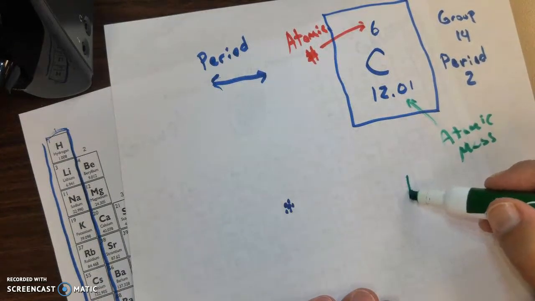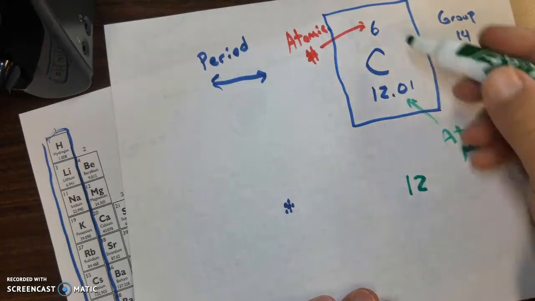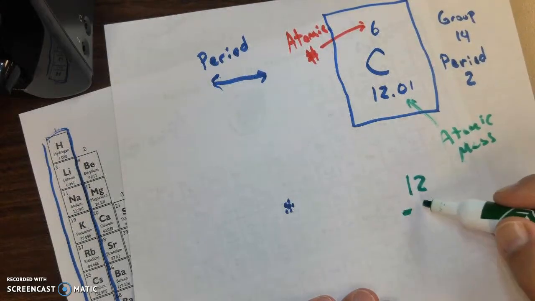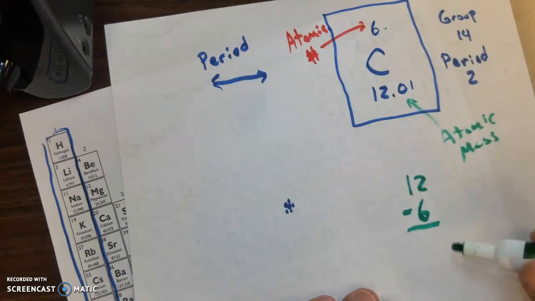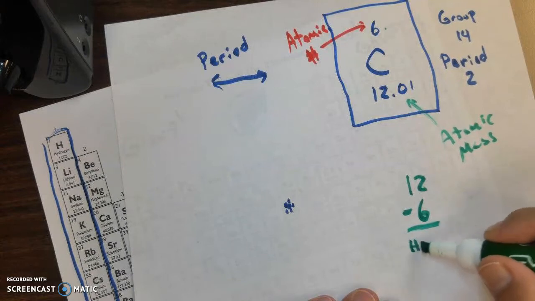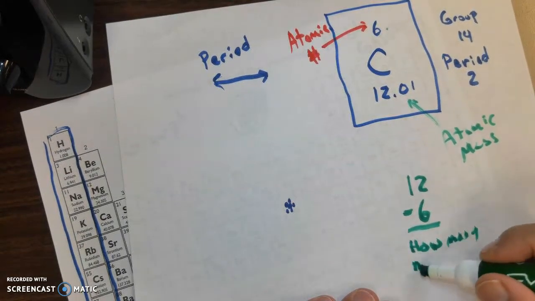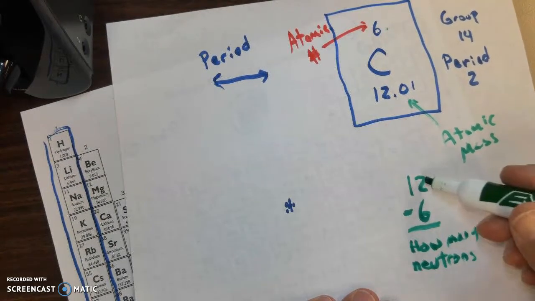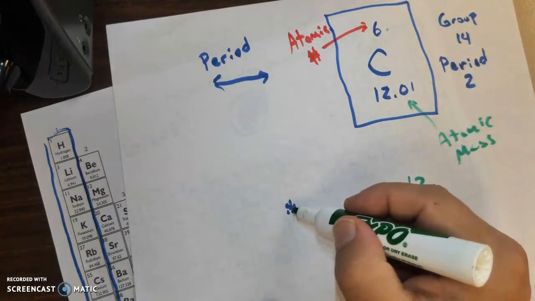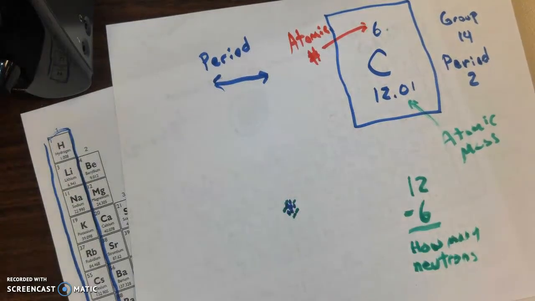The way I do that is I take the atomic mass, well, it's really close to 12, so I'm going to use the number 12, and I subtract the atomic number from it, and that gives me how many neutrons. Which 12 minus 6 is 6. 1, 2, 3, 4, 5, 6. So there's 6 neutrons in there also in the nucleus of an atom.